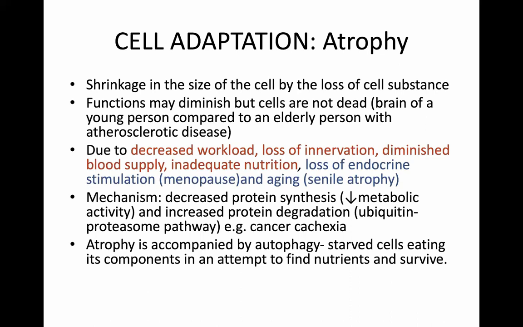For example, the brain mass reduces in people with atherosclerotic disease because blood supply is no longer sufficient to that organ. So you find that some of the brain cells shrink in order to ensure there's adequate supply to others, right? And then that part that shrinks, it's not dead, but it's not functioning at that point.